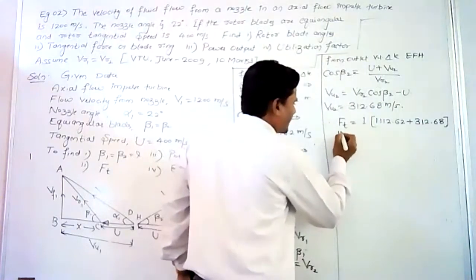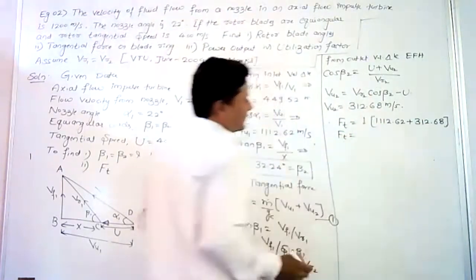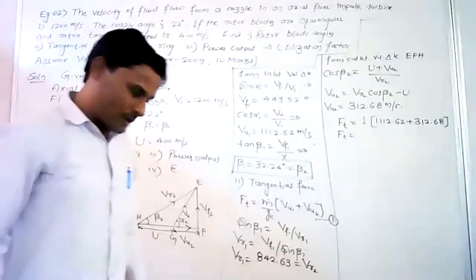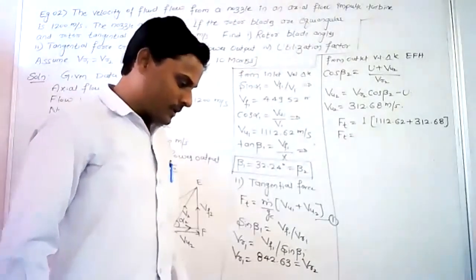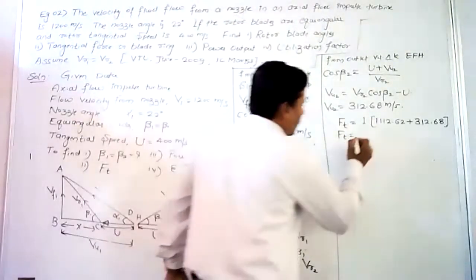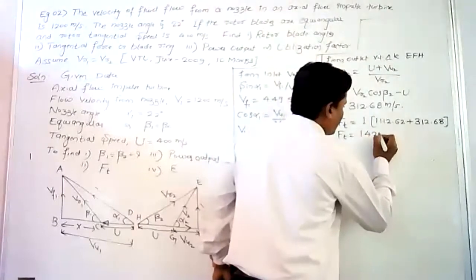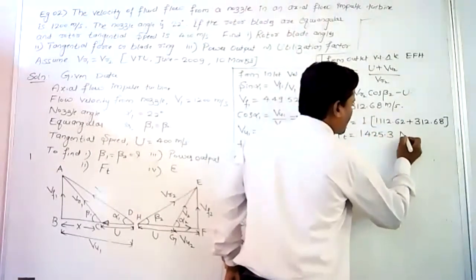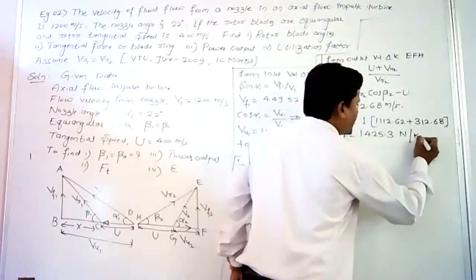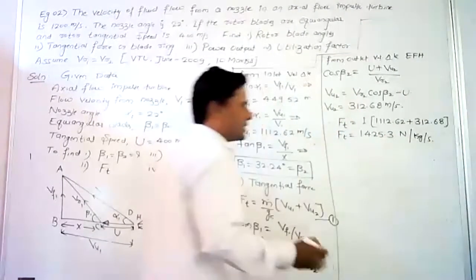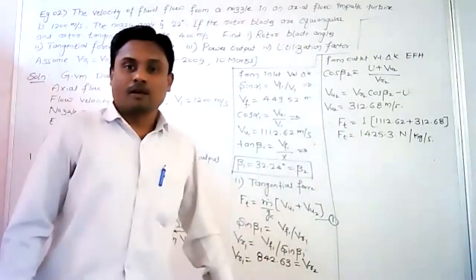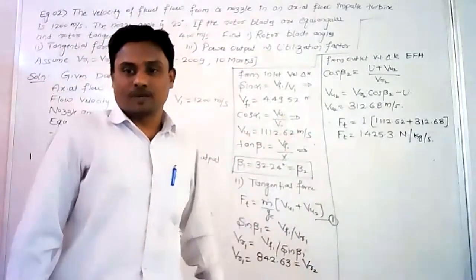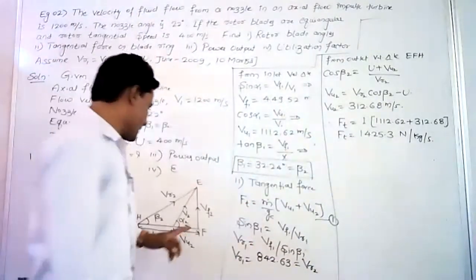Get the value of Ft. 1425.3, sir. Okay, 1425.3. The unit is Newton per kg per second, because we are considering the mass flow rate as 1 kg per second. This is the answer for the second part.